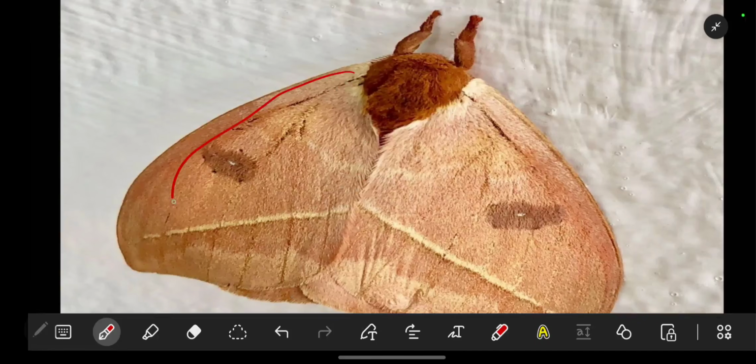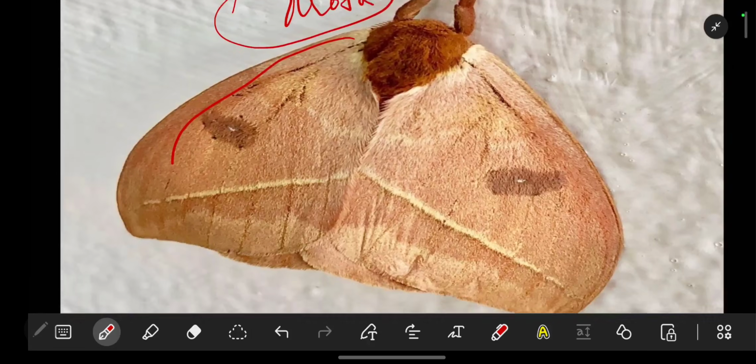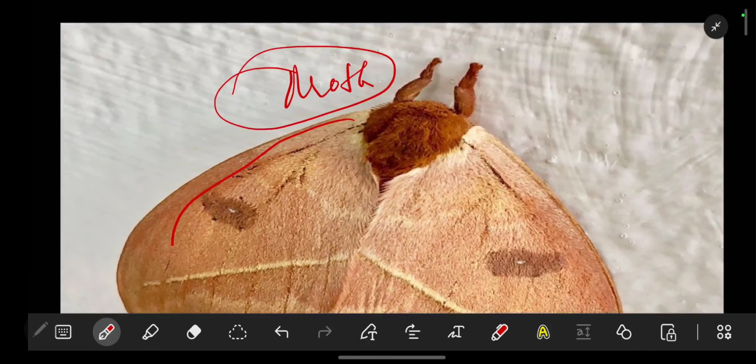So this is basically the moth, which belongs to Lepidoptera. What are some of the things that we should know? Firstly, the moth has got a large body, and also the moth is active at night.